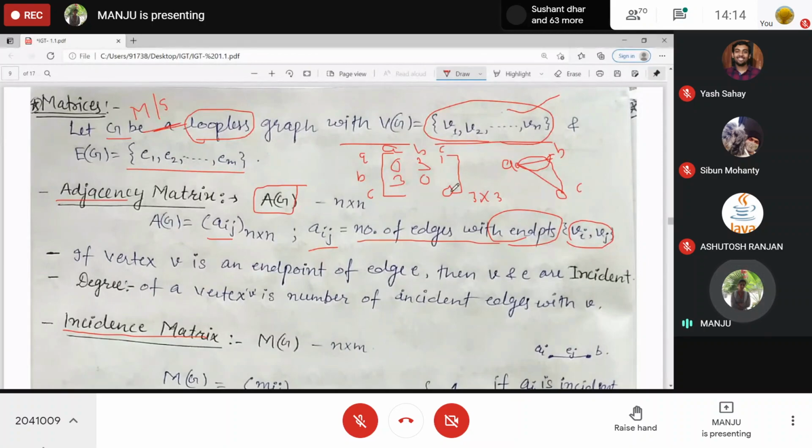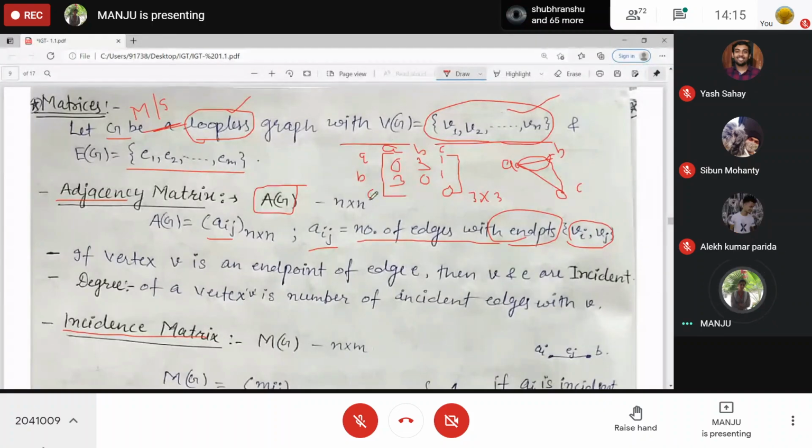B and B, there is no loop, that's why 0. And this graph is loopless, that's why all the diagonal entries will be 0, 0, 0. B and C: how many edges? 1, right?